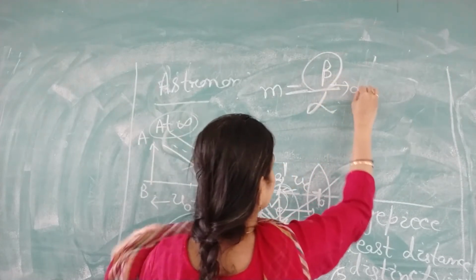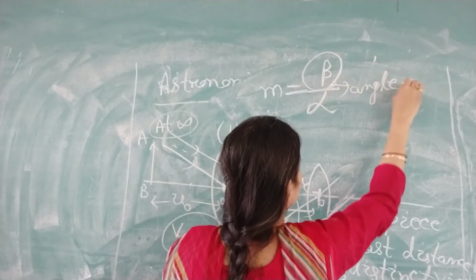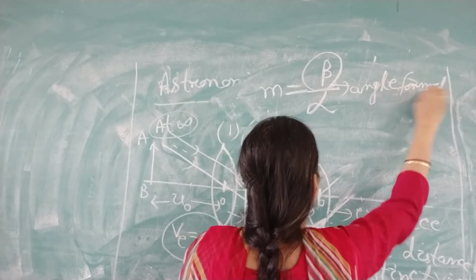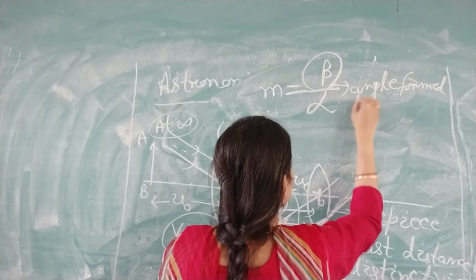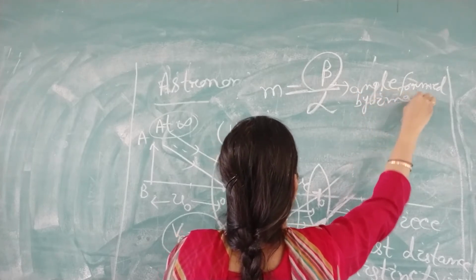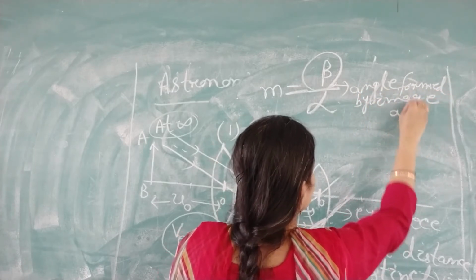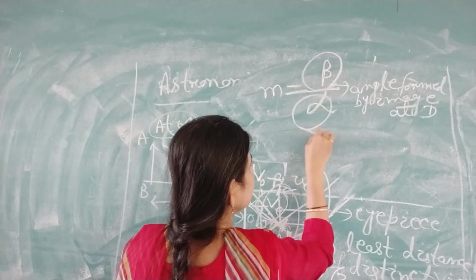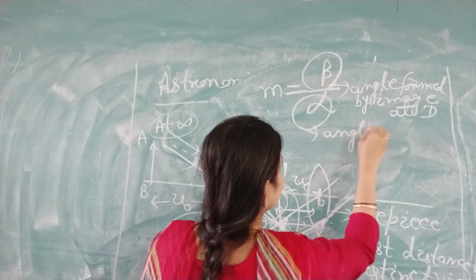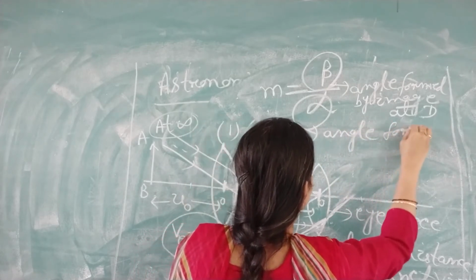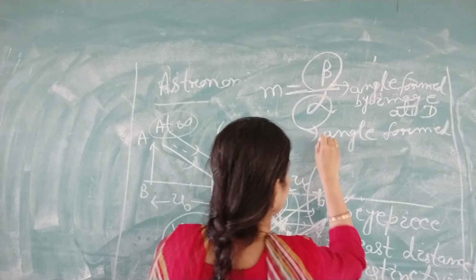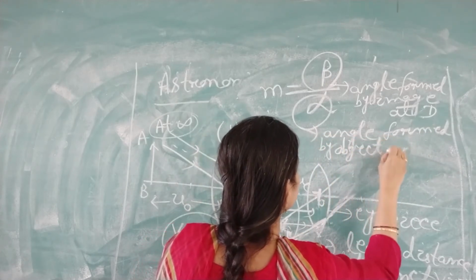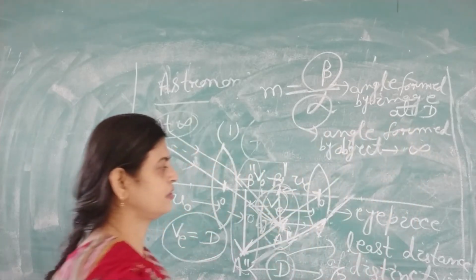Beta is the angle subtended by the image when formed at D, and alpha is the angle subtended by the object when the object is placed at infinity.